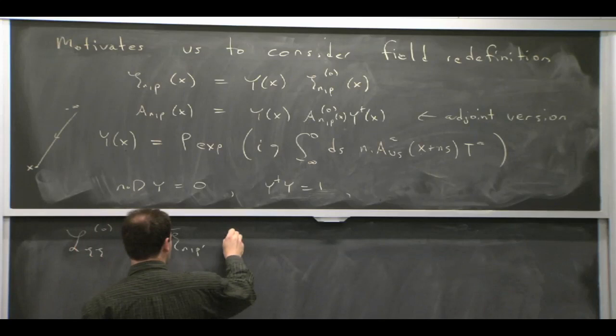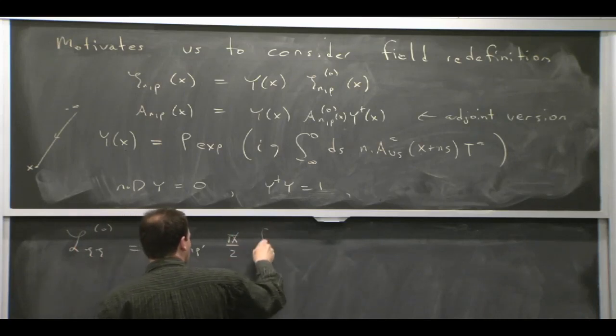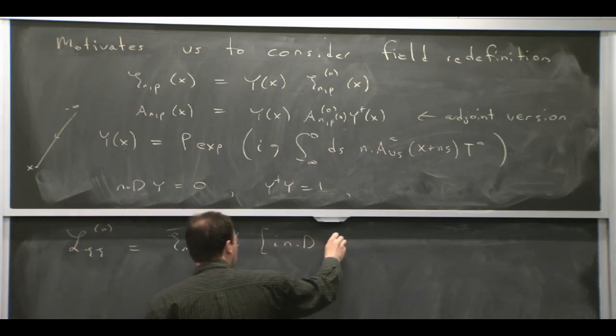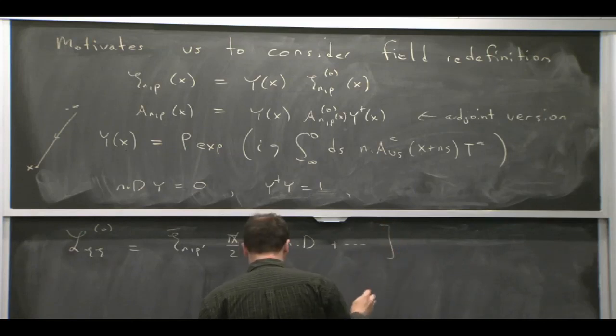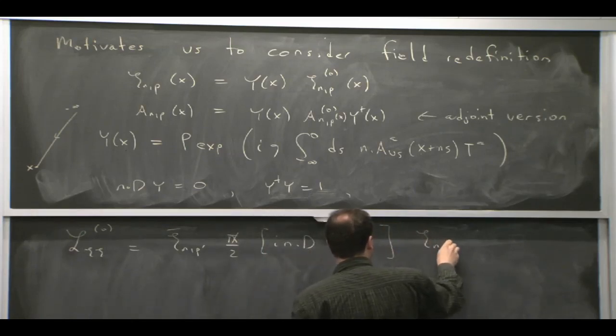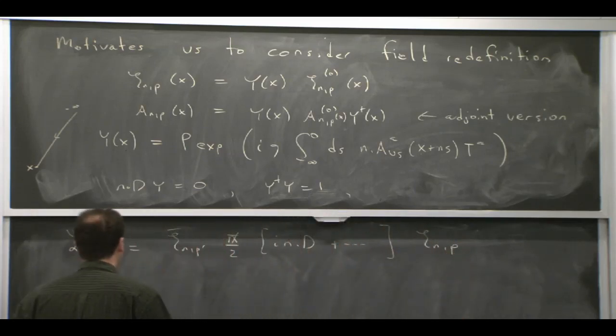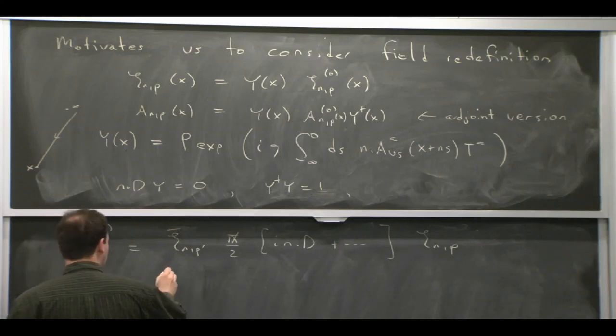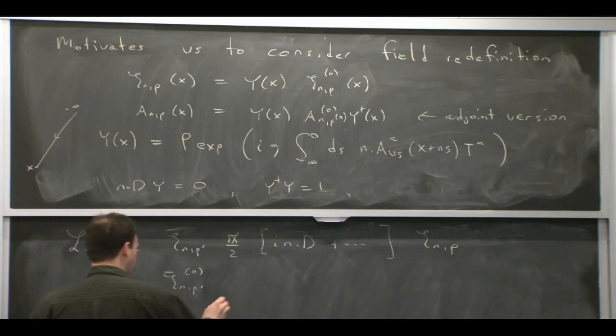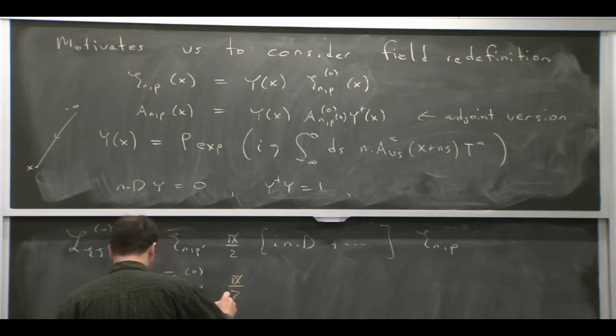So our original Lagrangian, I'm not going to write out all the terms, just enough terms to get you the idea. If I make this field redefinition, it goes to this guy with a superscript 0 that I'm writing.